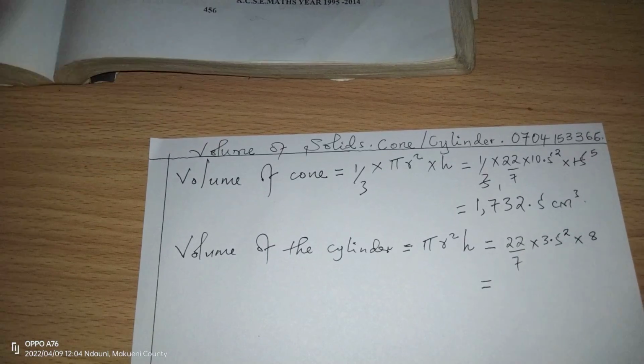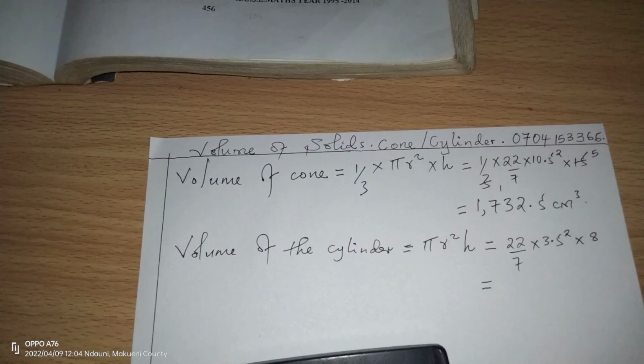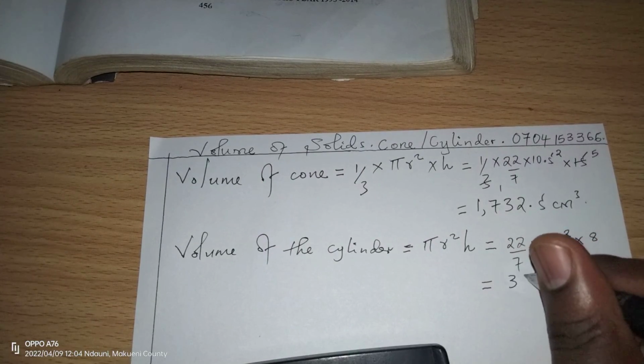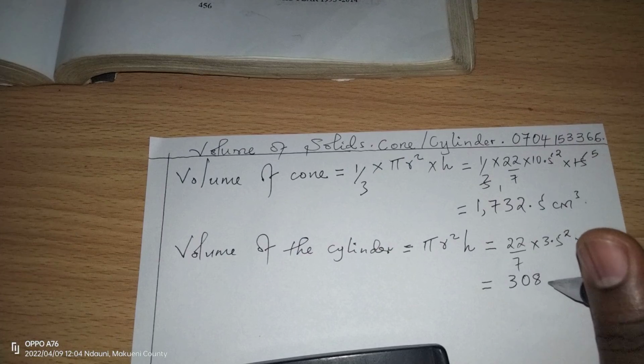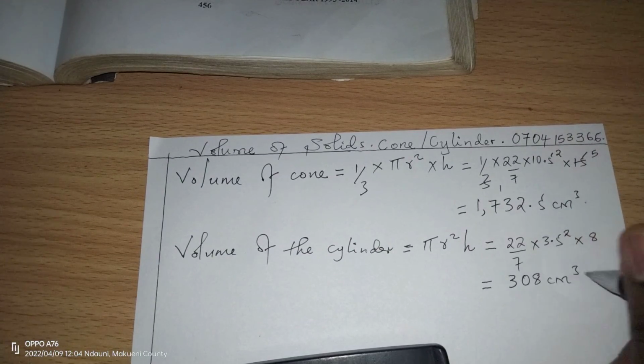So now we can compute this in the calculator. We have 22 multiplied by 3.5 squared multiplied by 8, and we divide everything by 7. So this is going to give us 308 centimeters cubed.